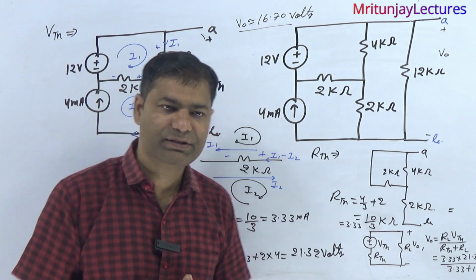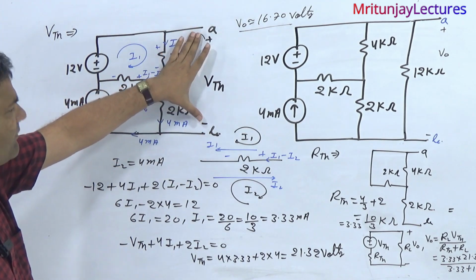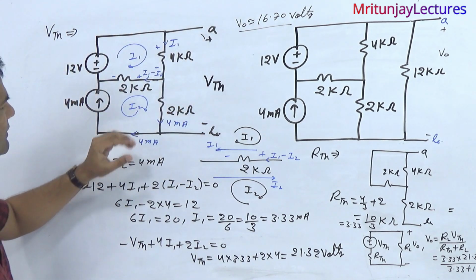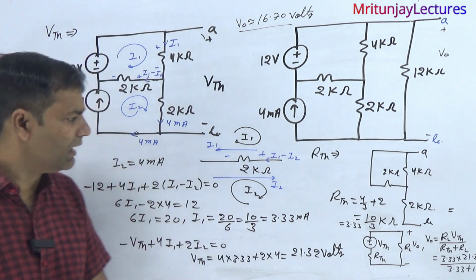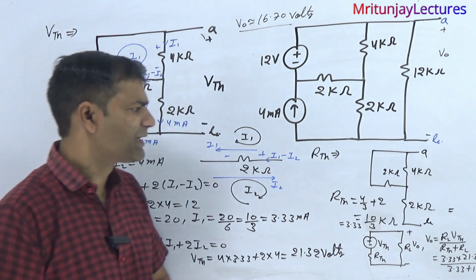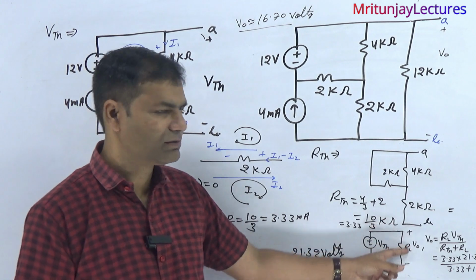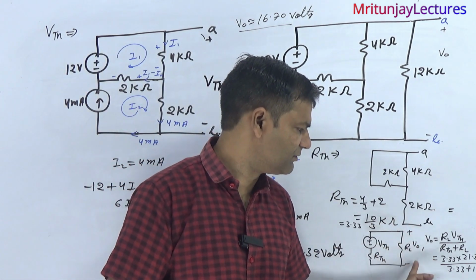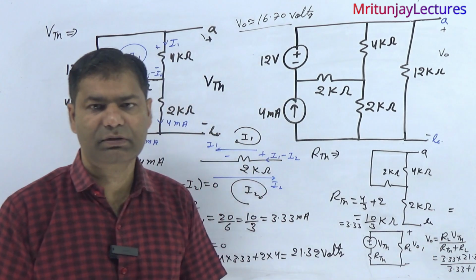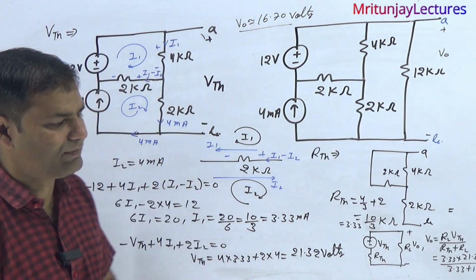How can you determine VTH? Remove the load resistance, then make the circuit and find VTH. After that, determine RTH, and then make Thevenin's equivalent, put RL here, and apply the voltage divider rule, and V0 comes to 16.70 volt, the final answer.